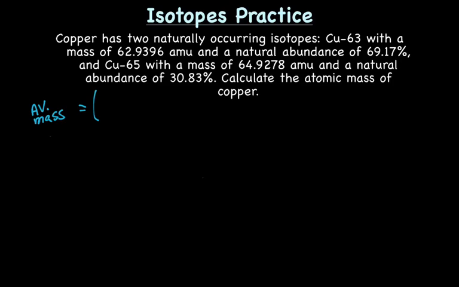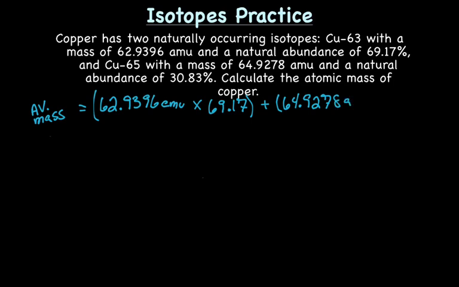So for copper 63, we have a mass of 62.9396 AMU times its abundance, which is 69.17%, plus the mass of copper 65, which is 64.9278 AMU, times its abundance, which is 30.83%, and this whole thing is divided by 100.